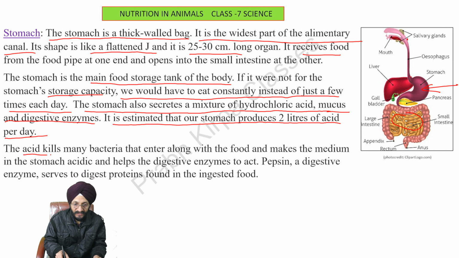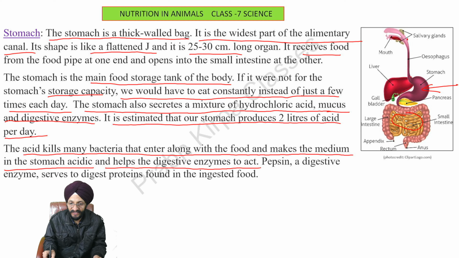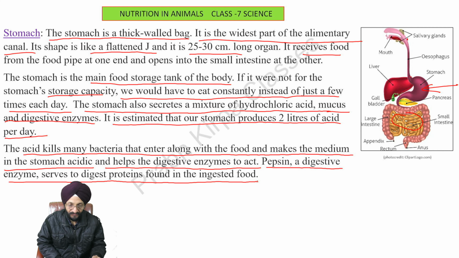The acid kills many bacteria that enter along with the food and makes the medium in the stomach acidic and helps the digestive enzymes to act. Pepsin, a digestive enzyme, serves to digest proteins found in the ingested food.